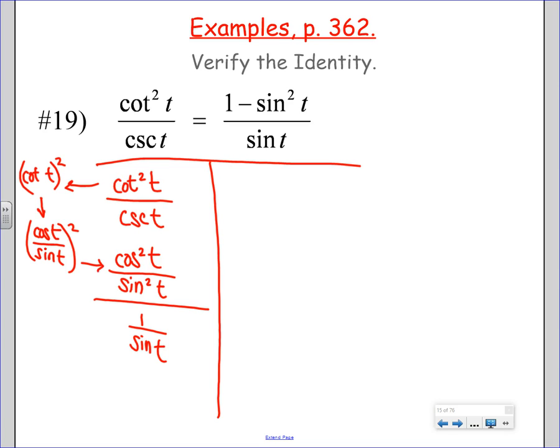I did that quickly, but that's technically what I did for the cotangent squared. I squared both sides. That's how I got from the top to the top: quotient property.